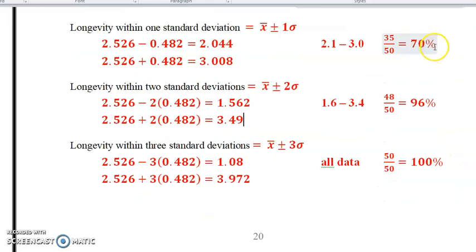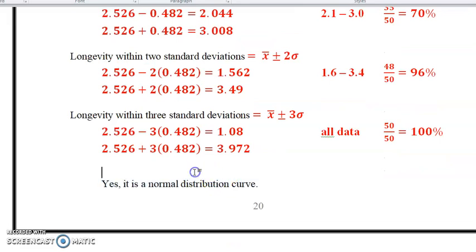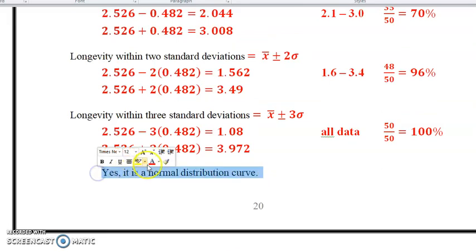So these are very close to our 68, 95, 99.7 rule. So based on that information, yes, it is a normal distribution curve. It doesn't have to be exact, it just has to be in the vicinity, pretty close, but like I said, it doesn't need to be exact. Okay?